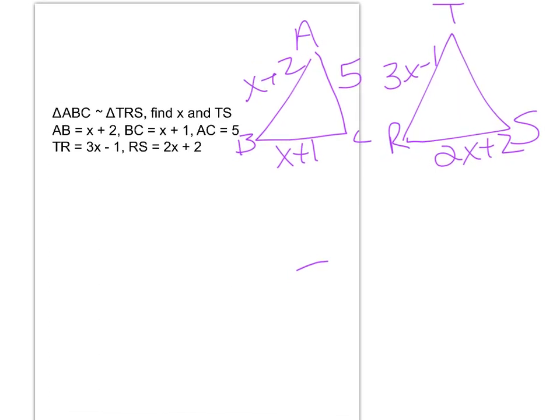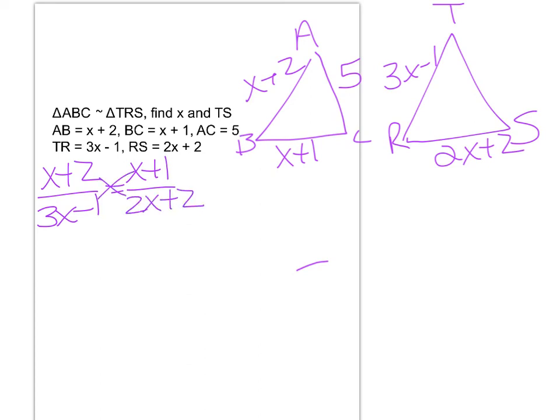Okay? So in order to do that, we're going to have to set up a couple of proportions. So I know that AB is proportional to TR. So x plus 2 is proportional to 3x minus 1. And I know that BC is proportional to RS, so x plus 1 is proportional to 2x plus 2.